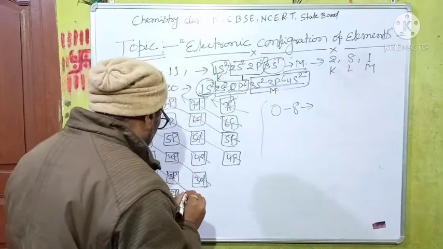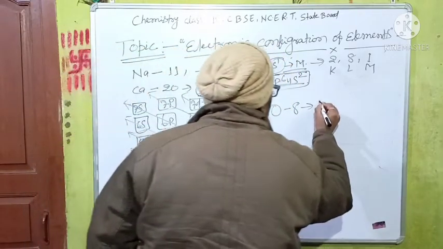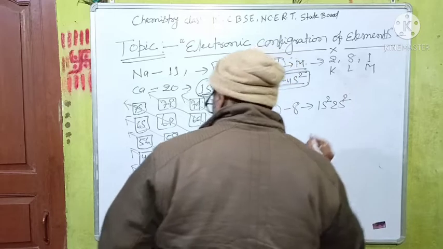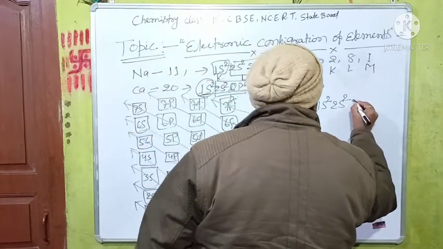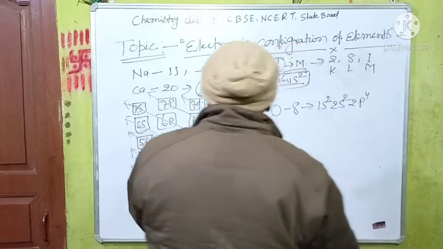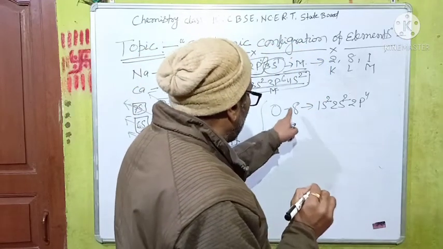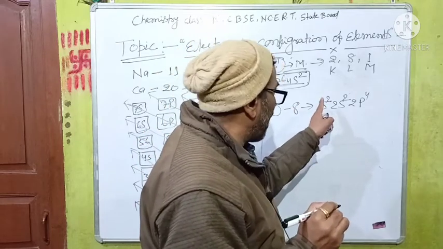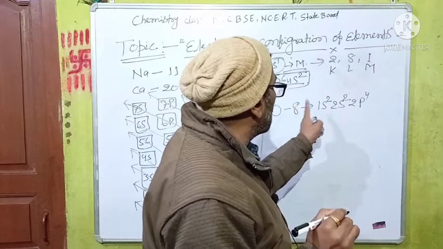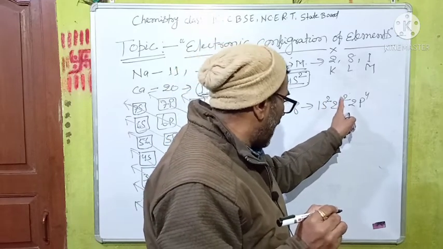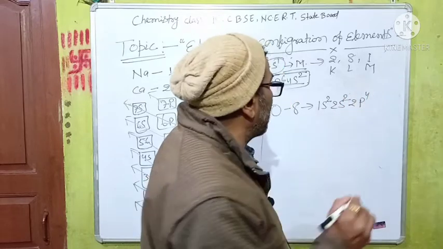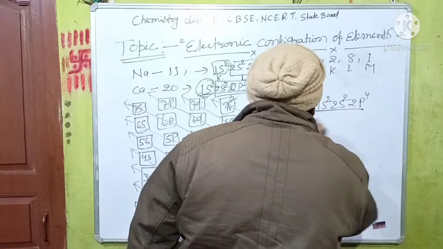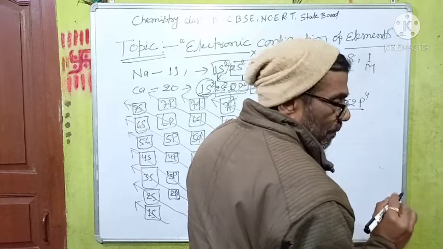Then we start to fill the first suborbit 1s, meaning 1s2, then 2s2, then 2p4, because p can hold 6 electrons but oxygen has 8 electrons. 2 electrons fill 1s, 2 electrons fill 2s, then only 4 electrons are left, so p is filled by only 4 electrons. This is the electronic configuration of oxygen through the SPDF suborbits.